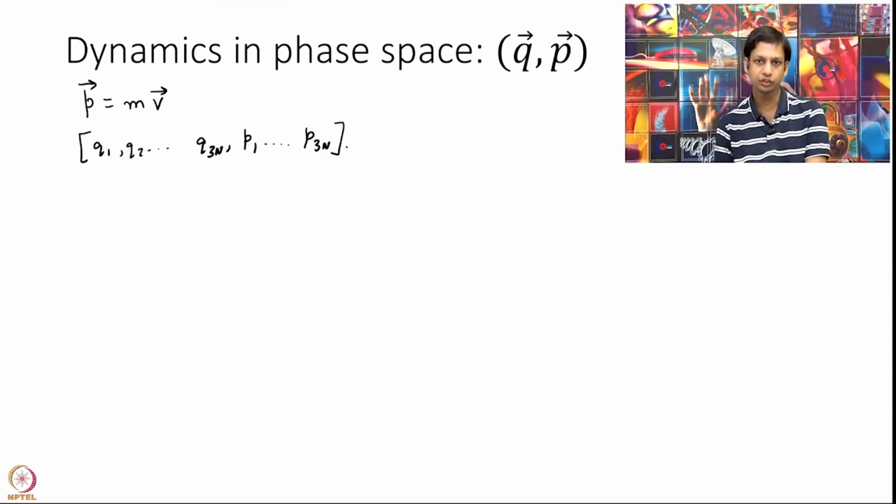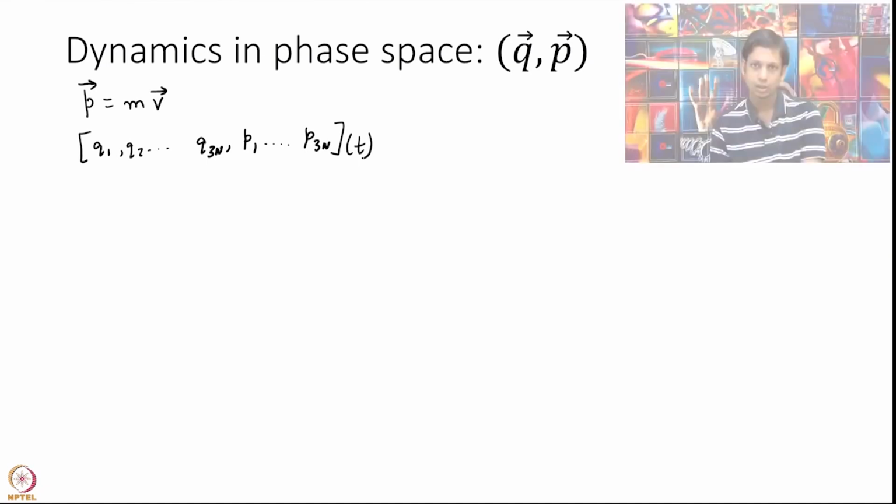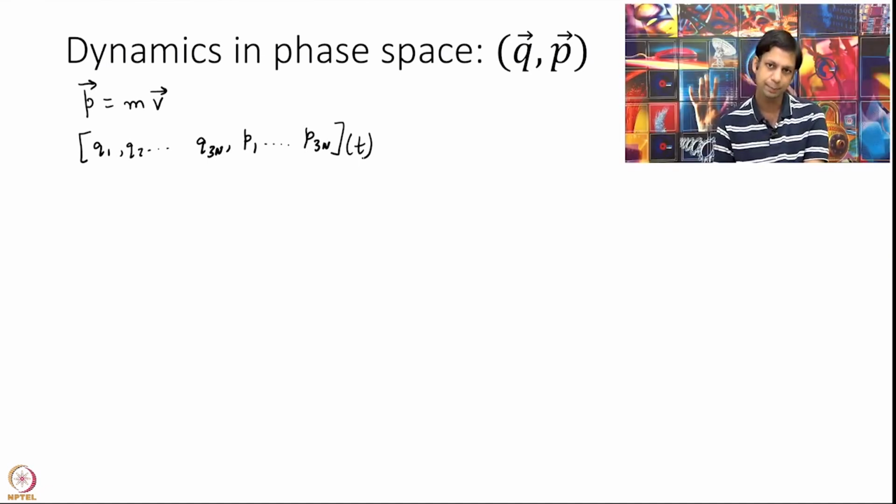And we are going to think of the dynamics of these 6n variables as a function of time. So, in effect what I have done mathematically is that my dynamics is happening in a 6n dimensional space. Okay, that is just a little bit of an extra for you, just to get a little bit of flavor of what the mathematics is. You do not have to necessarily know this for this course.